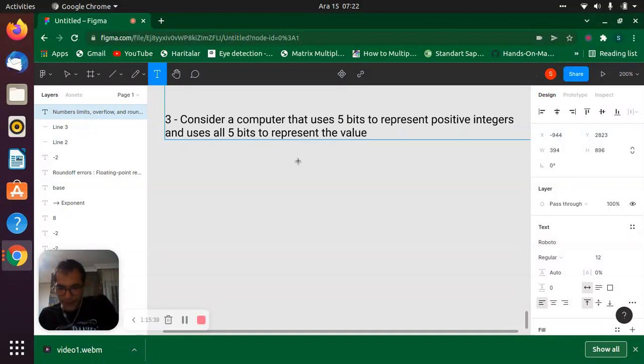Consider a computer that uses 5 bits to represent positive integers and uses all 5 bits to represent a value, right?